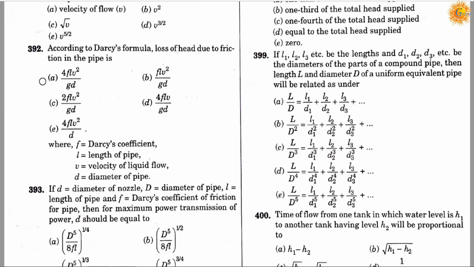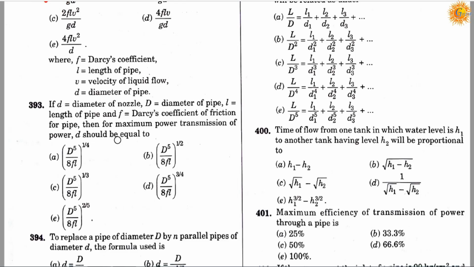So the correct answer is A. It will be 4 FLV square upon GD.